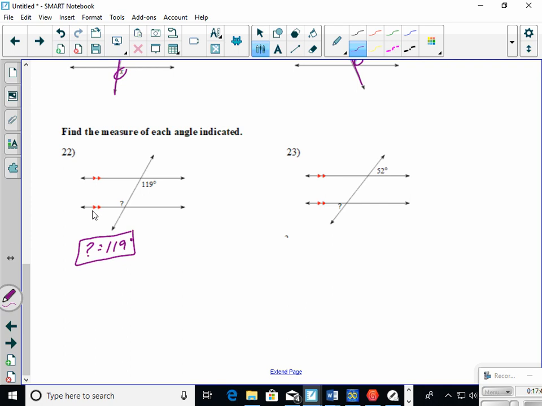Little arrowheads there tell us that those are parallel lines. So 23, another set of parallel lines cut by a transversal. This time we're looking at the alternate exterior angles. And when the lines are parallel, the alternate exterior angles are congruent. So that question mark angle should be the same as its alternate exterior angle, which is 52 degrees.